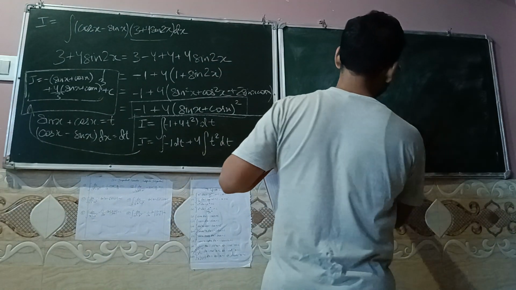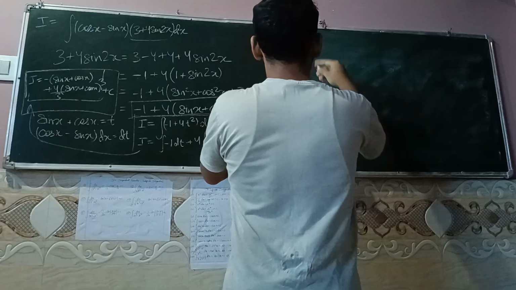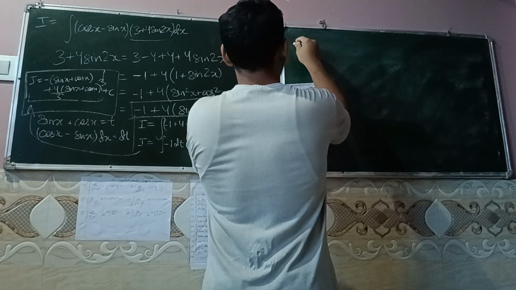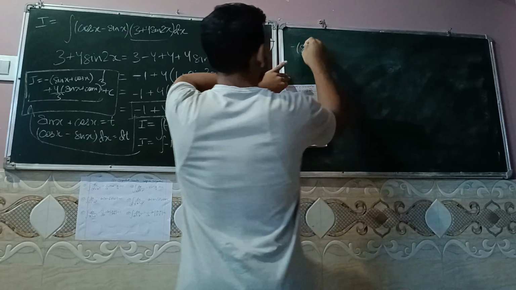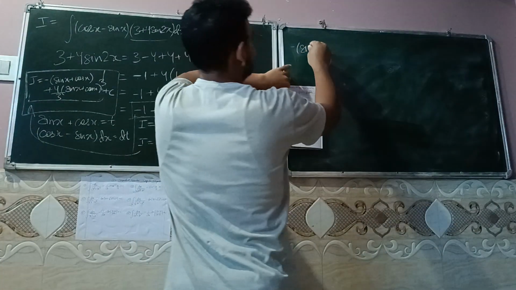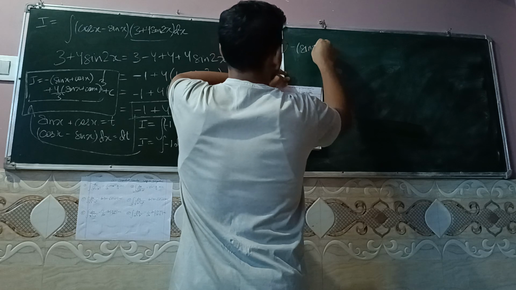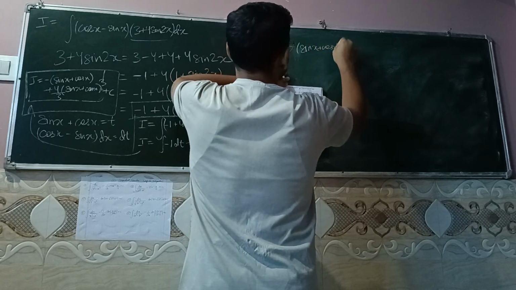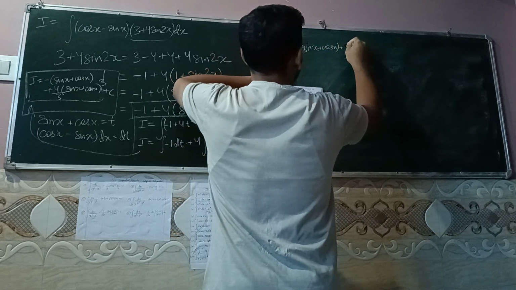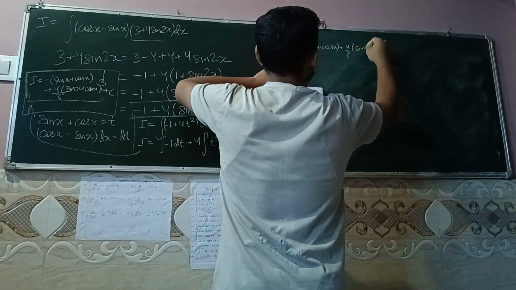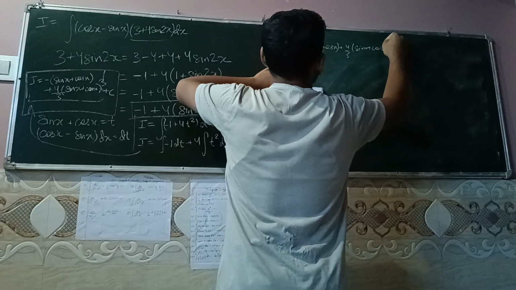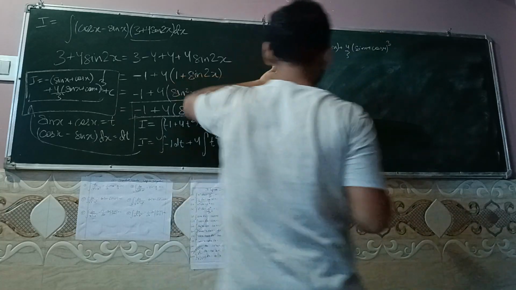So here comes the answer: negative of sine of x plus cosine of x plus 4 over 3 sine x plus cosine x whole cube, right?